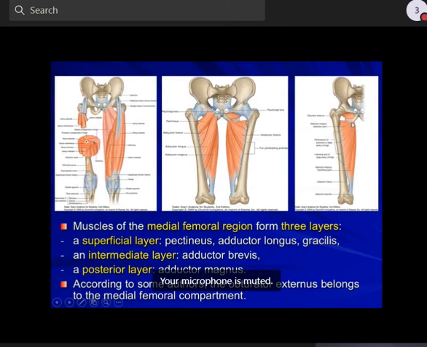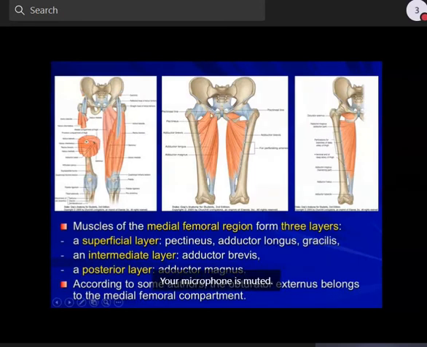The strongest is the gluteus maximus, and the second strongest extensor of the hip is the ischiocondylar part of the adductor magnus.